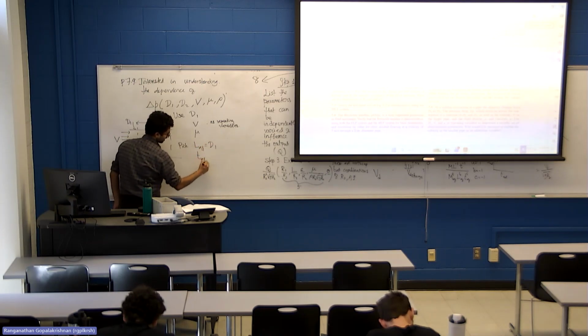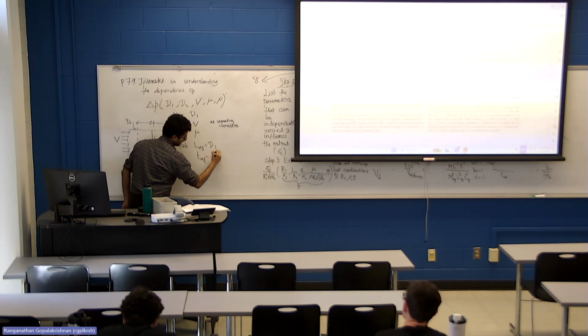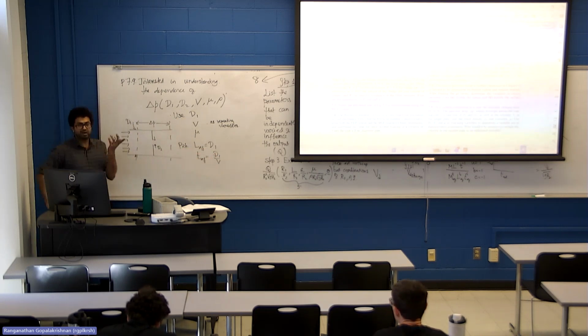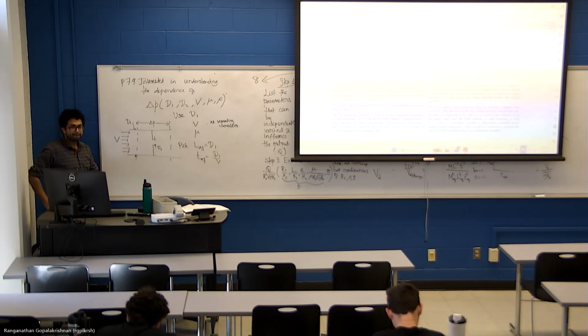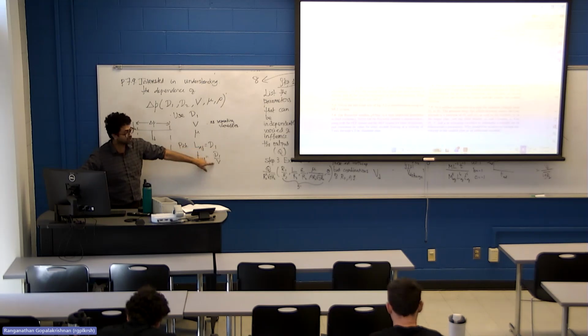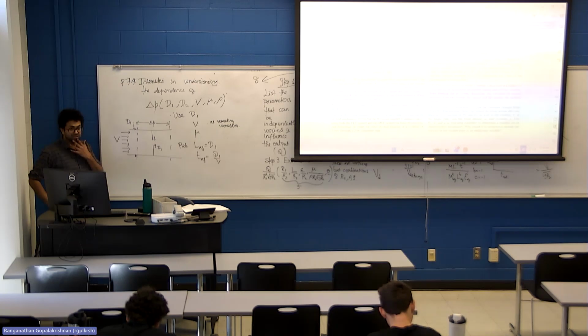Pick a reference time, which we'll pick as D1 divided by V. Why is D1 divided by V a reference time? What is the dimension of D1? Length. What is the dimension of velocity? Length per time. So if you take the ratio, you will get a time. So we are considering that to be our reference time.